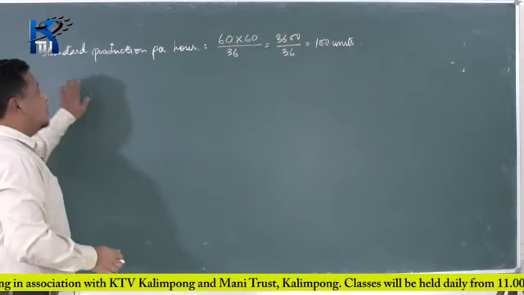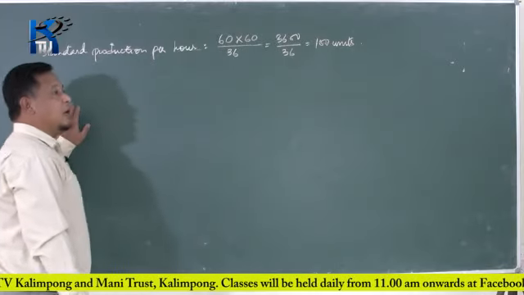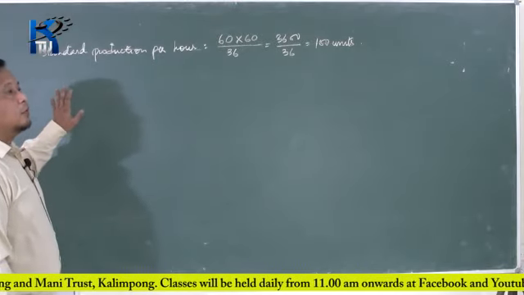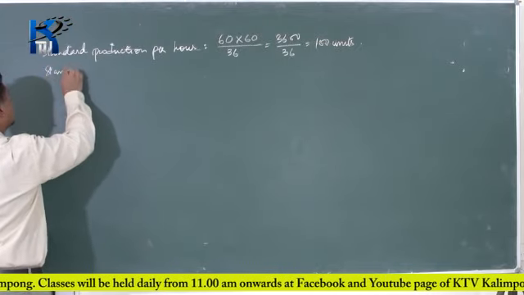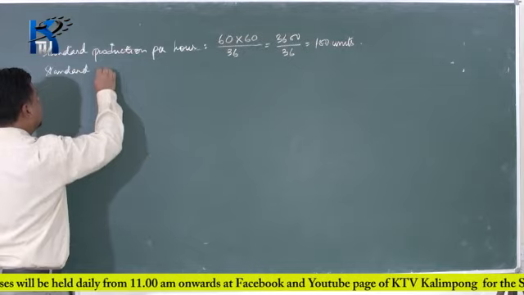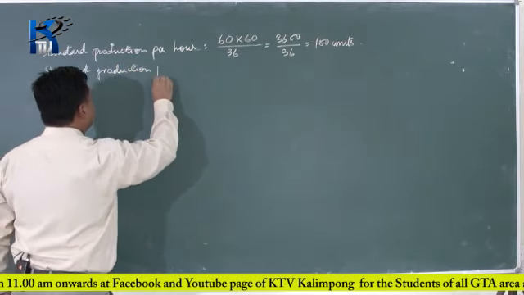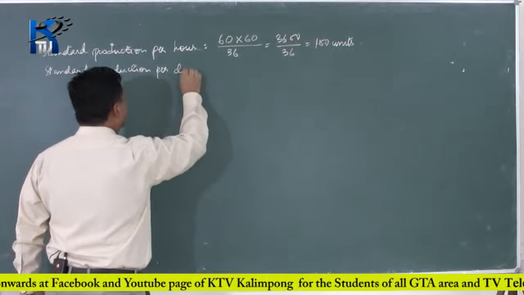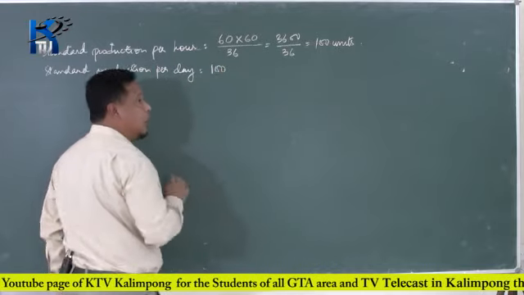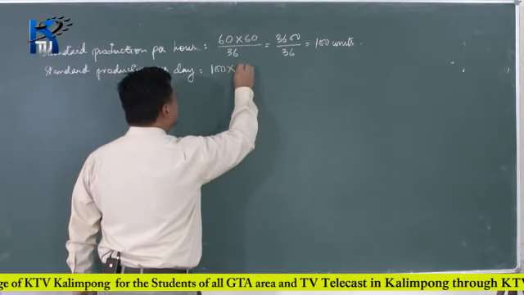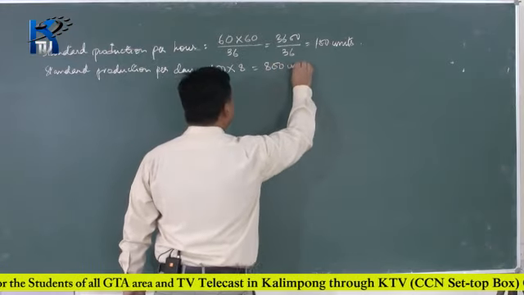So standard production per hour is 100 units. Both the workers work for 8 hours. So standard production per day equals 100 units per hour into 8 hours, that means 800 units.